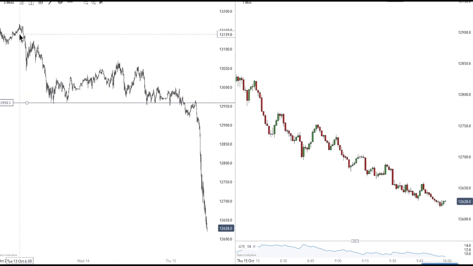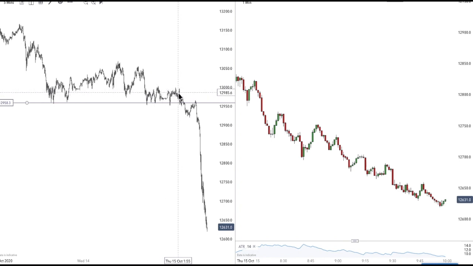But the bears have been in control, because they're pushing the market down, and the bulls are not making headway upwards. Eventually the bulls are going to get fed up of trying, because they're going to have losing trades, or they're going to enter trades here and have small winners, and eventually they stop having winners.